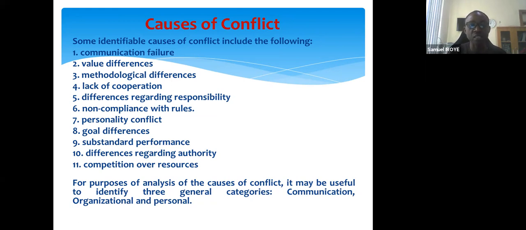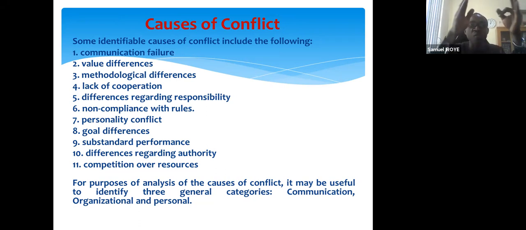For purposes of analysis of the causes of conflict, it may be useful to identify three general categories. What we are trying to say is that all these causes have been categorized into three. And they are: one, communication; two, organization; three, personal.